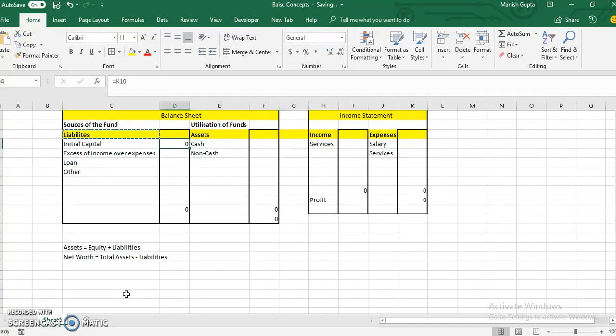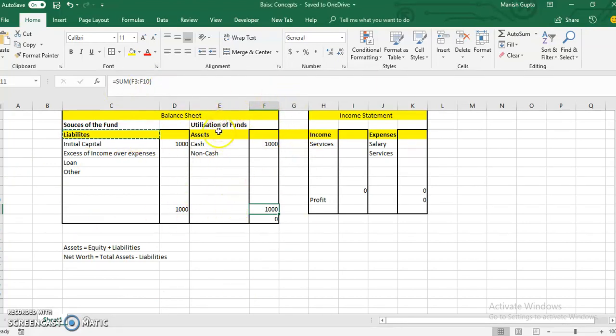So let's look at a starting example. Let's say you started the business with $10,000. You bring in $10,000 in cash, right? So we show $10,000 in cash here. You will see the total of both sides is $10,000. In accounting terms, we call this the left side of the balance sheet, and this is called the right side of the balance sheet.